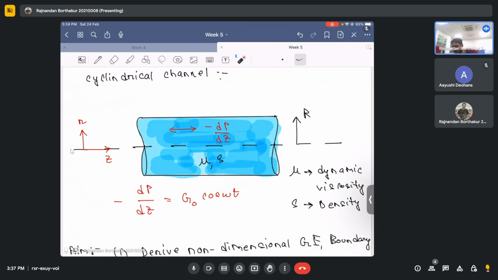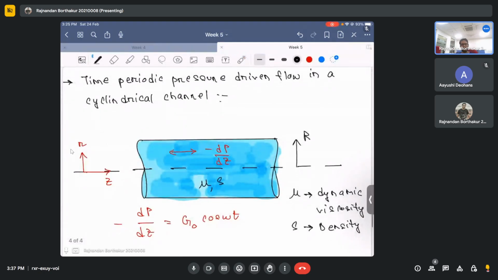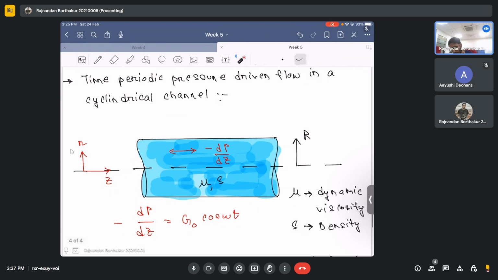However, the crux of this problem is that we will solve this problem non-dimensionally by finding the characteristic scales of the problem. We will use non-dimensional variables in solving this. Okay, so I hope the aim of the problem is clear. In this case, mu and rho are the dynamic viscosity and the density of the fluid.